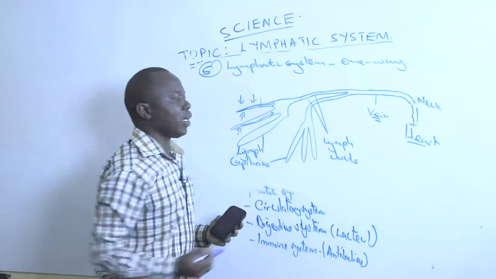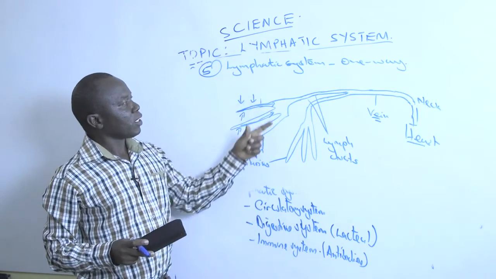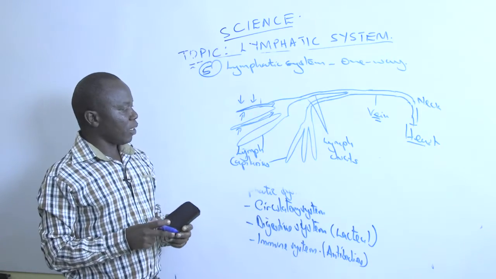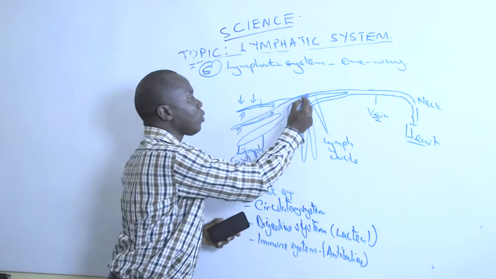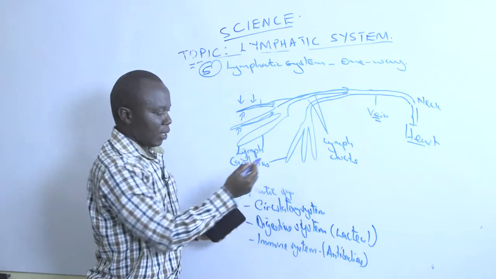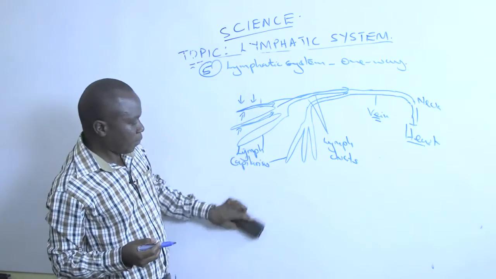Why is it going back to the heart? So that the heart can again pump or facilitate the movement of the lymph to other regions. That's why it is one way. It is going in one direction. It does not come back again, unlike the blood system.